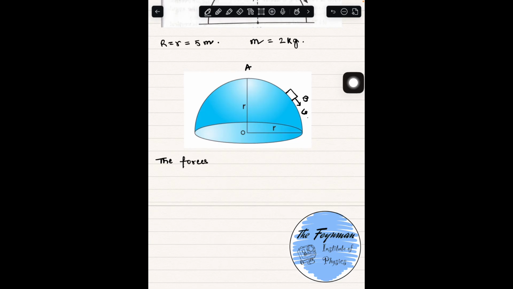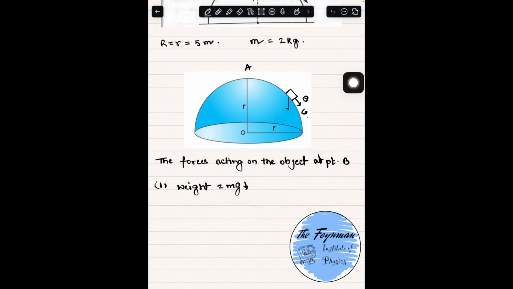So at point B, the forces acting on the object will be, the first one, its weight, that is mg, which acts in the vertically downward direction.